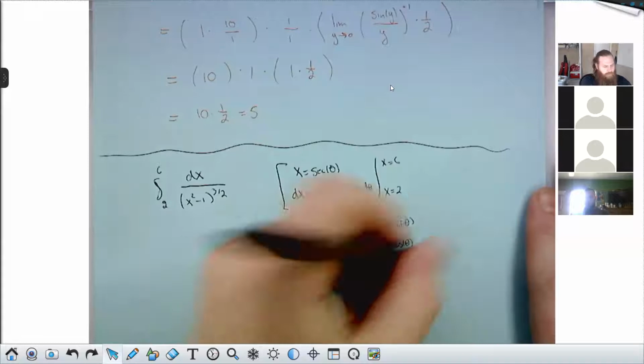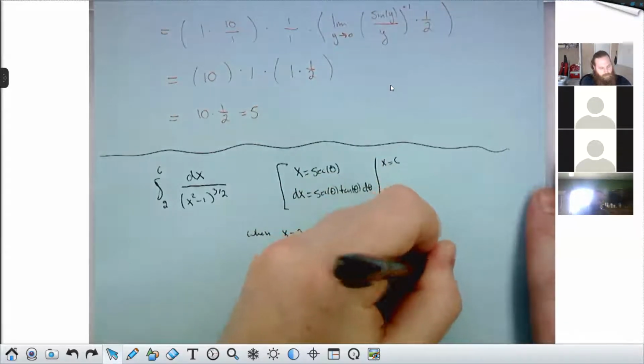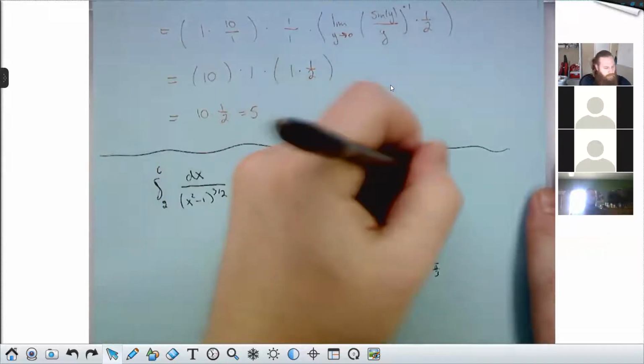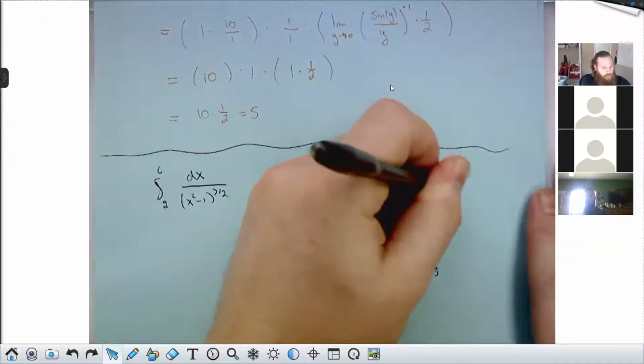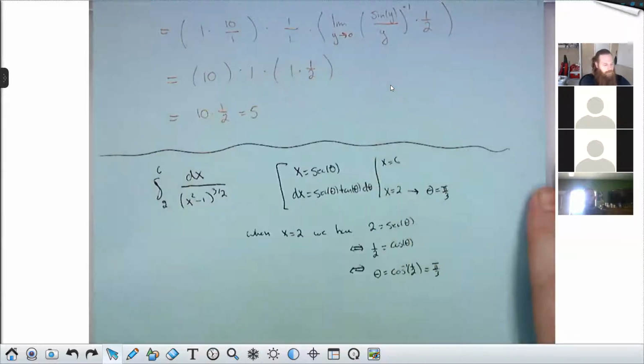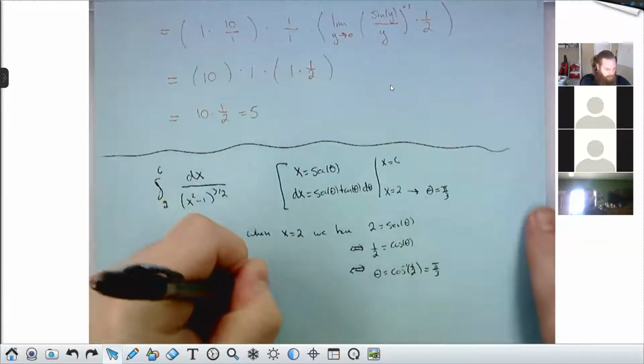Which should be pi over 3, yeah? Yes, pi over 3. So when x is 2, theta is pi over 3. Unfortunately, the inverse cosine of 1/6 is not as nice, but you can see that that's what we'll have for the other one.